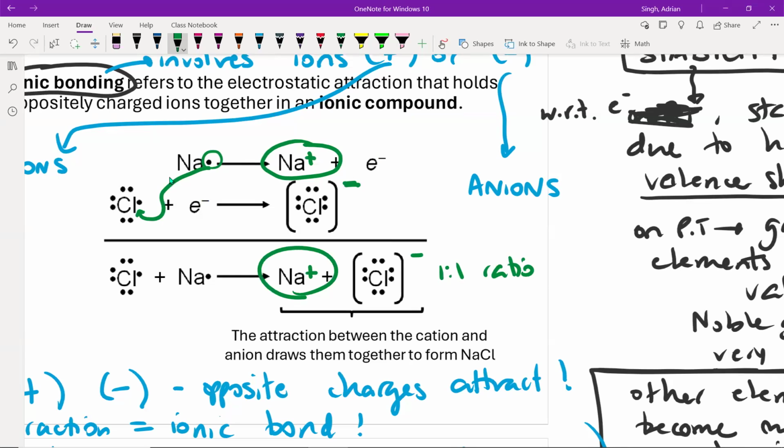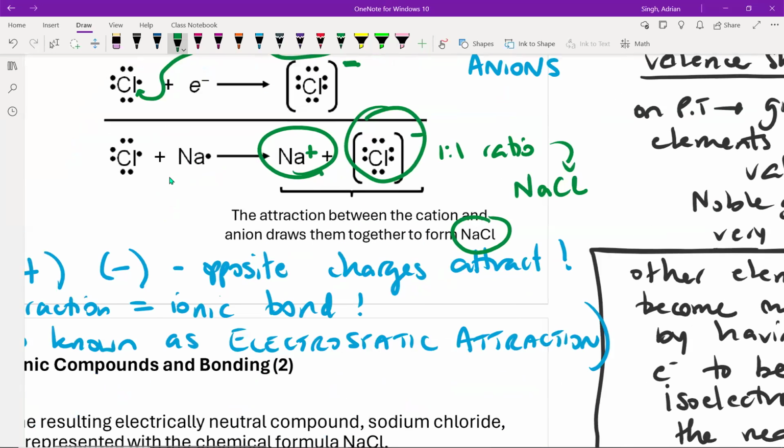Because the 1 plus here will cancel out the 1 minus to give me an overall formula of NaCl, right? The ratio here is represented as a subscript. So the subscript after sodium is 1. I have 1 sodium and 1 chloride, 1 Cl. You don't need the ones in a chemical formula.